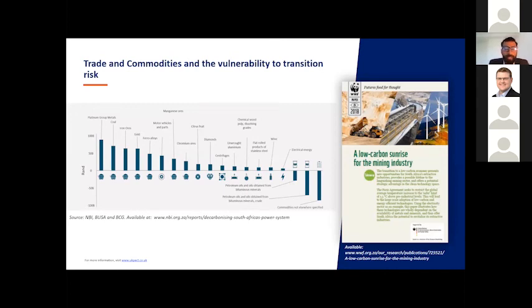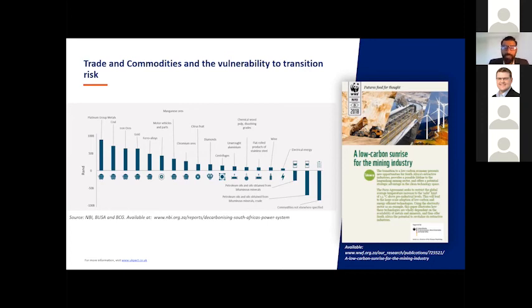So different sectors are exposed to different levels of climate change risk. And this was some really good research done by NBI and BCG on the transition to a more sustainable future, and the industries that are and will be exposed to certain risks.